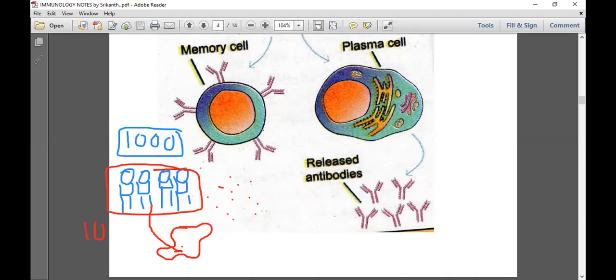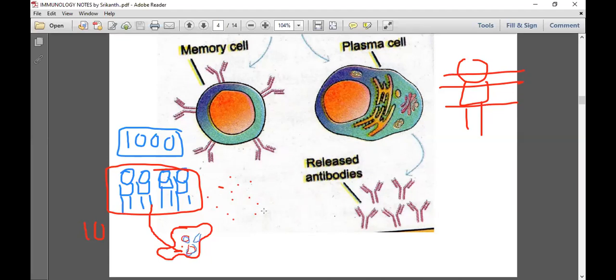What is the meaning of process? Processed means making that particular microbe into fragments, cutting it into pieces, simply speaking. So the microbe which was taken inside is getting processed, meaning the macrophages make that particular microbe into pieces.